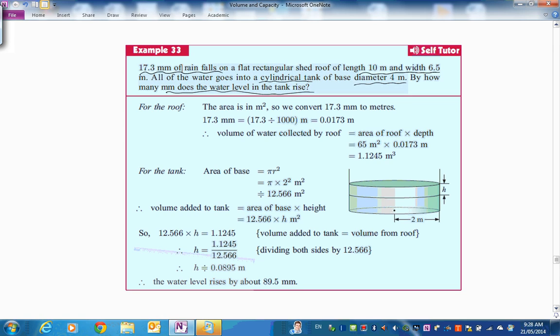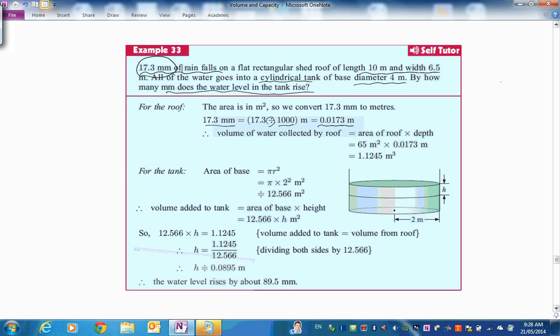Okay, so first of all, it's in millimetres, so let's convert this to metres because everything else is in metres. So this is 0.0173 metres. Millimetres, smalls into bigs, we're going to divide, and there's 1,000 millimetres in a metre.